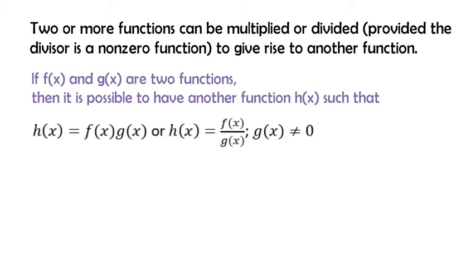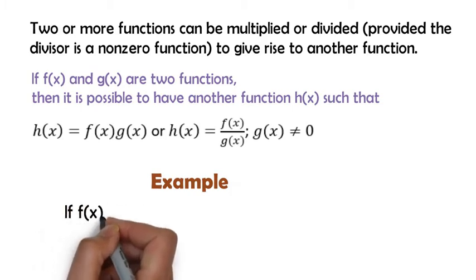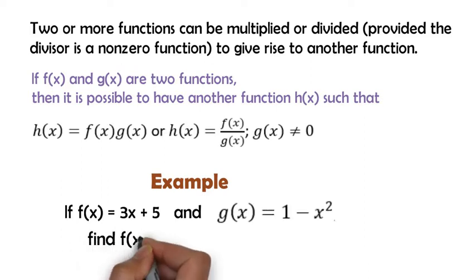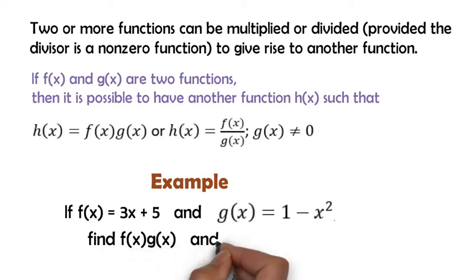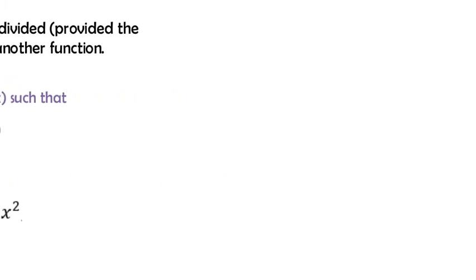For example, if f of x is 3x plus 5 and g of x is 1 minus x squared, find f of x times g of x, and also find g of x divided by f of x.